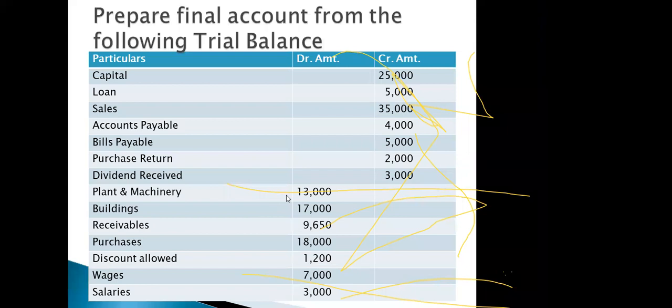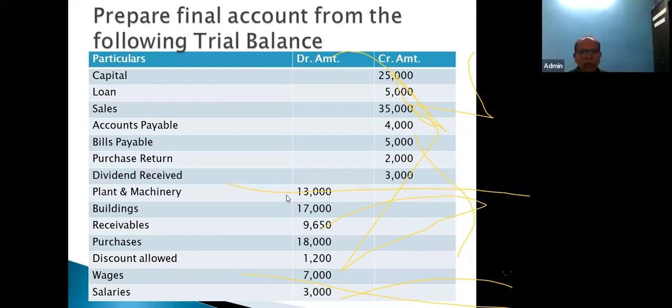13,000 is written there. So below that, write 13,000 minus depreciation 1950. Mention under plant and machinery: less depreciation 1950. So what is the remaining value? 1950 goes from 13,000.